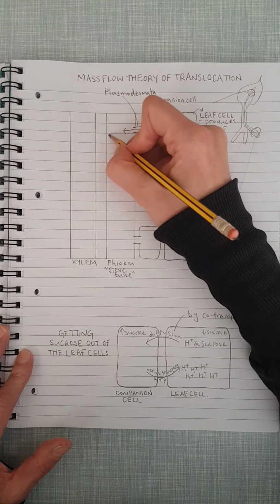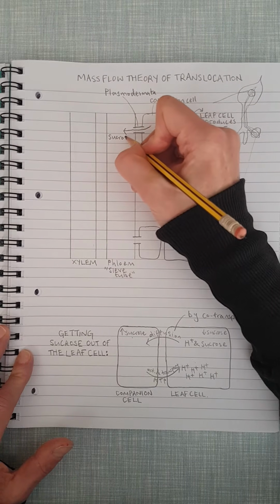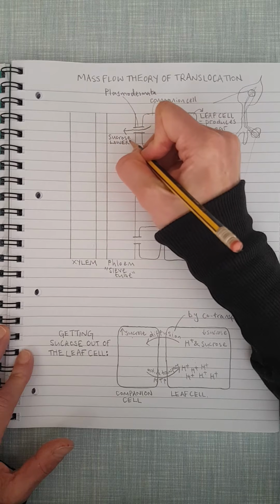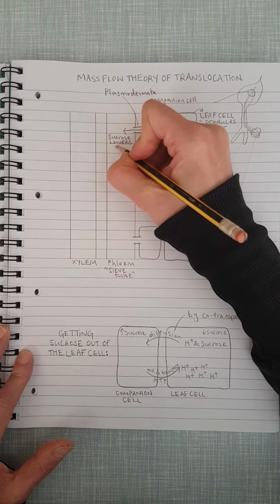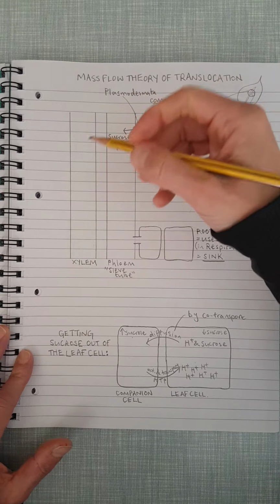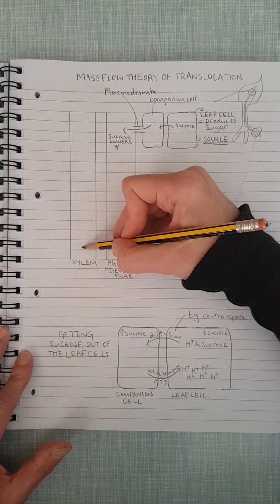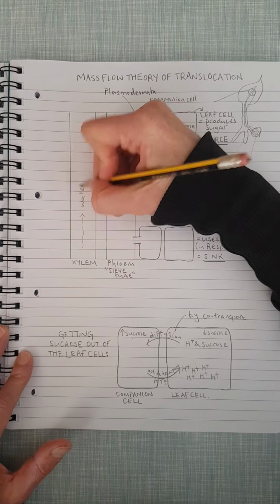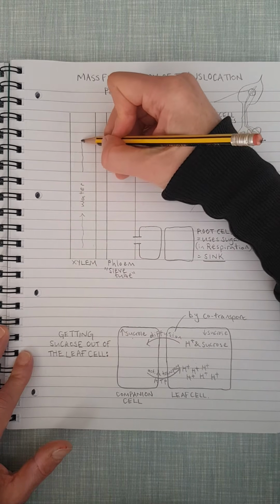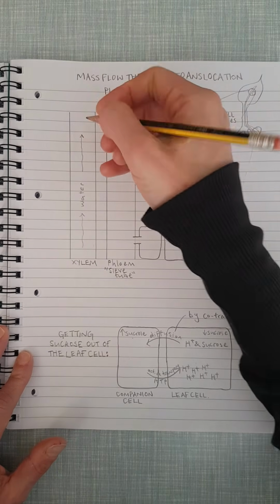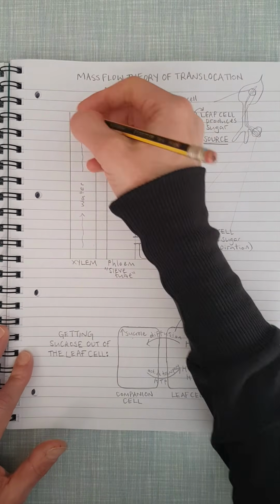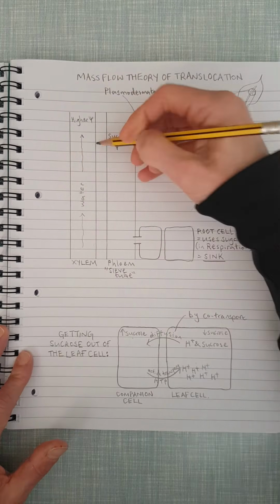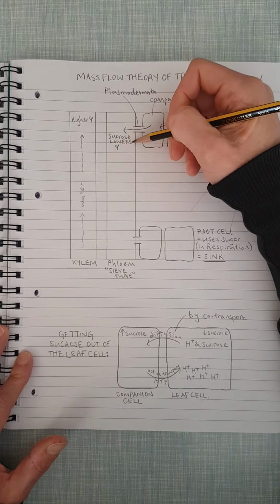And as it enters the phloem, because it's soluble, it lowers the water potential inside the sieve tube, inside the phloem. So remember that the xylem is carrying water up towards the leaf cells, and it has a relatively higher water potential than the neighbouring sieve tube, the neighbouring phloem.